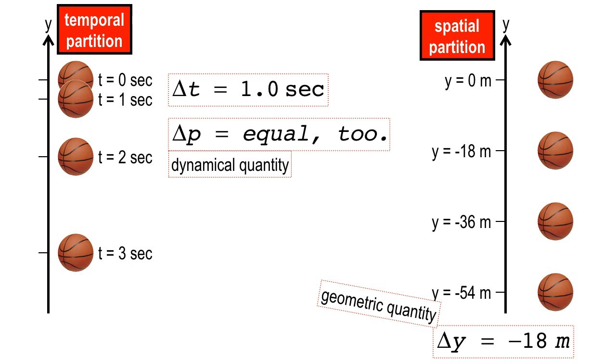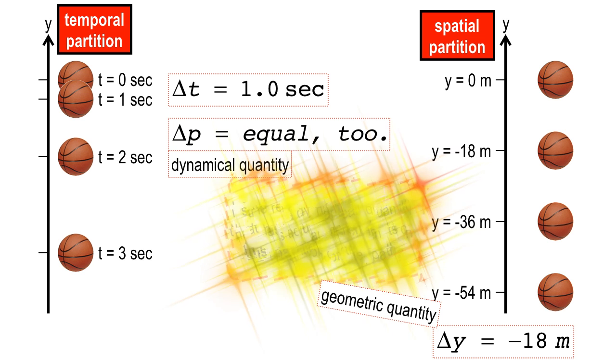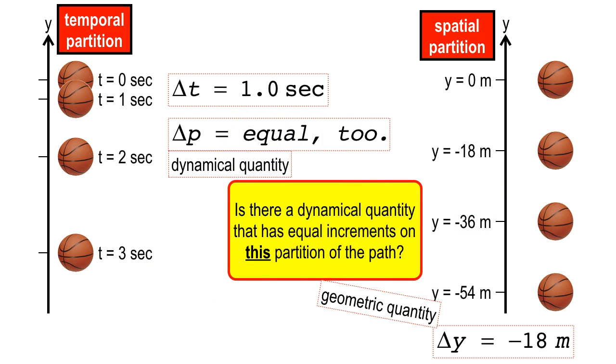And that's how I made my spatial partition. So this is the same trajectory, but partitioned in a different manner spatially. But the same question can be asked. Is there a dynamical quantity that comes in equal increments for this partition?